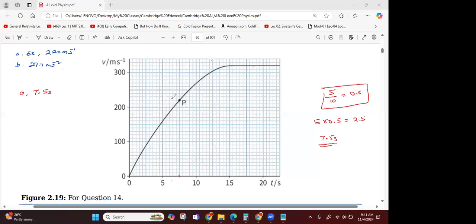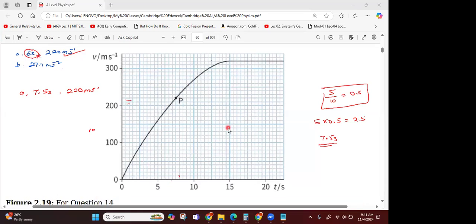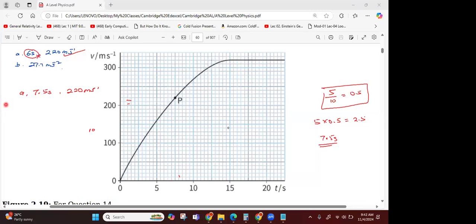In the velocity axis, it's 100 for 10 small squares, so each square is 10. So here 210, 220. That's correct. 220 meters per second is correct. Then we want to find the acceleration. For that, we have to draw a tangent line.